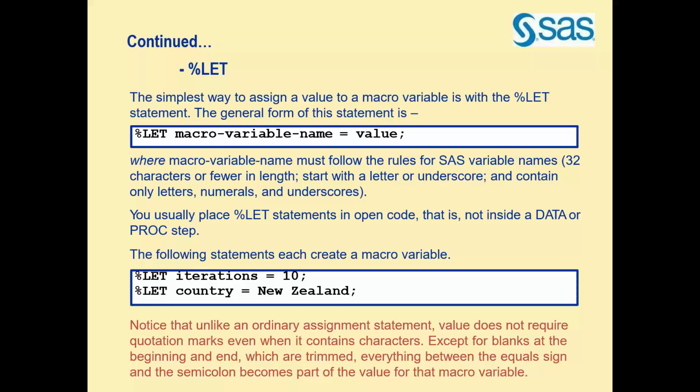The general form of this statement is %let macro-variable-name = value. The macro variable name must follow the rules for SAS variable names, which means it can have a length of up to 32 characters, can start with an underscore or a letter, and the following characters can be letters, numbers or underscores.